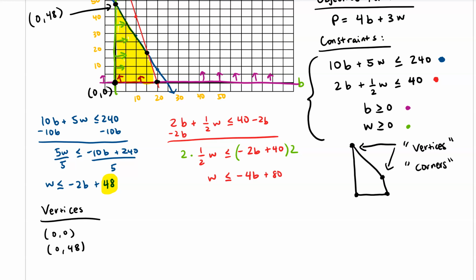So for the bottom right corner, what we could do is we have this inequality here. I'm going to change it over to an equation. And notice at the bottom right corner, hopefully you see that the W coordinate is equal to 0.